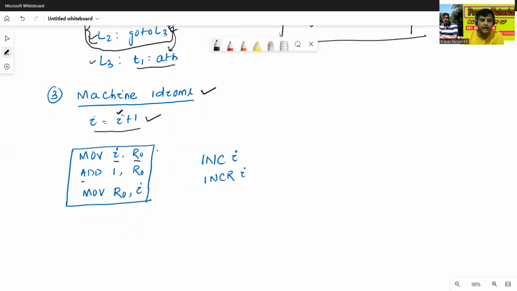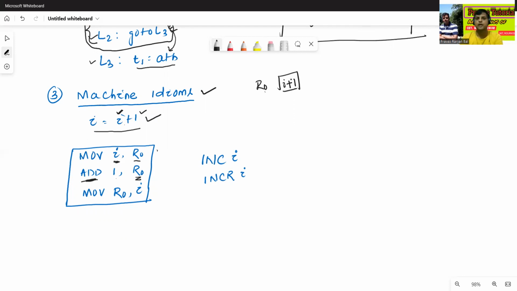Suppose R0 is a register. So we move I in R0, then we add 1 in R0, because R0 already contains the I value. We just add I plus 1.